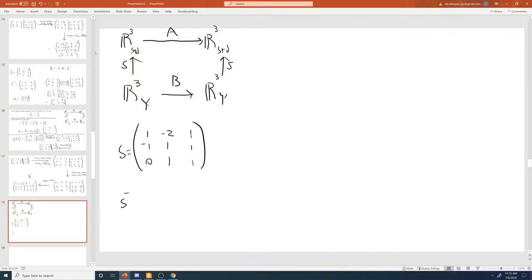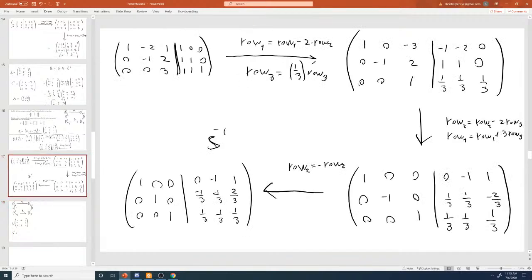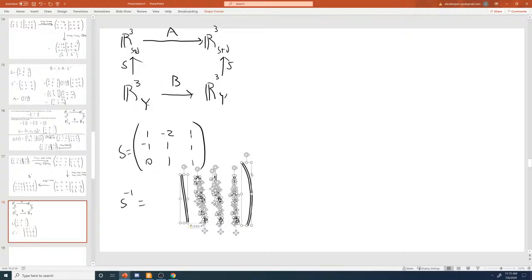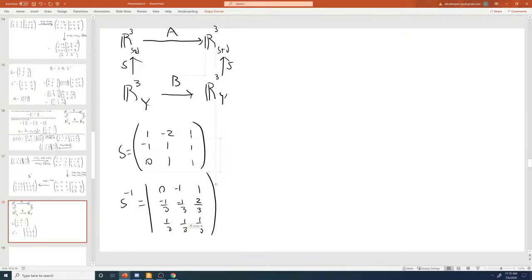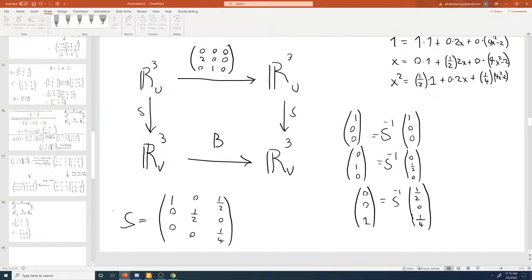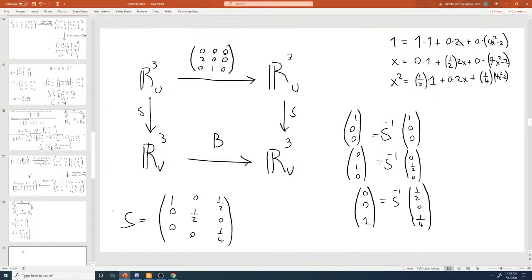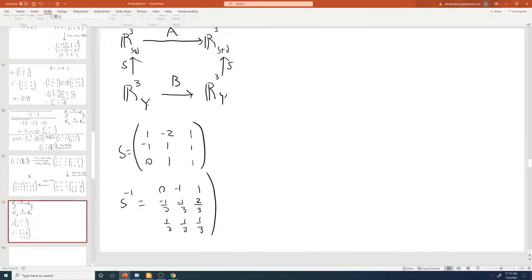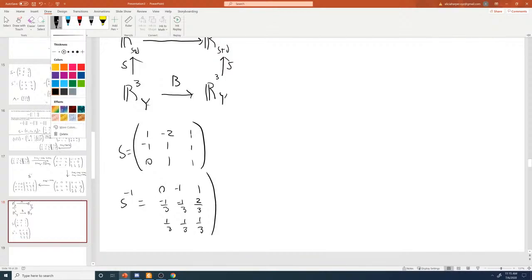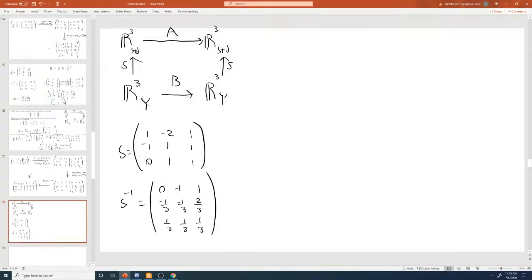I also now know my S inverse, namely this. And the next thing I need to do is get my A as well.